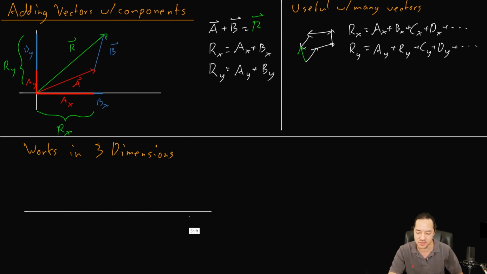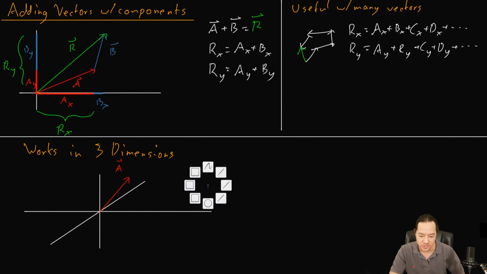So let's draw us some X, Y, and some Z axes like this. Okay, let's say we have some vector A that's going to start here and let's say it winds up over here. Okay, so let's say that this now is vector A.